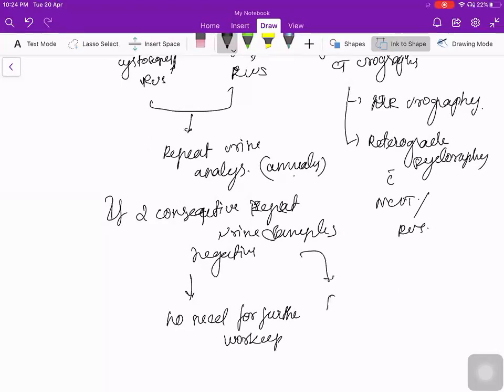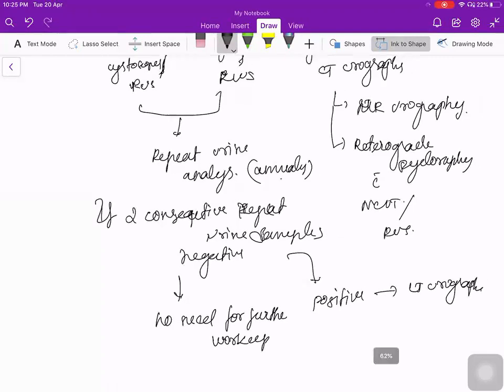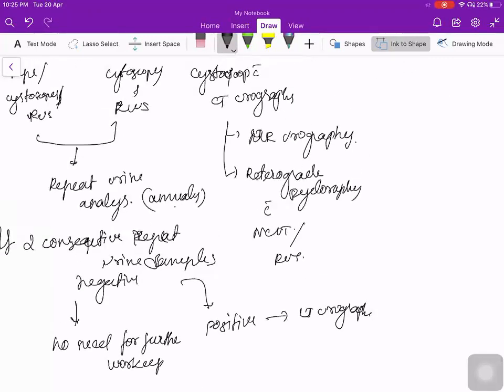If the repeat sample is positive, we have to go for imaging, that is CT urography. These patients we have not done CT, so we have to go for CT urography or retrograde pyelography.